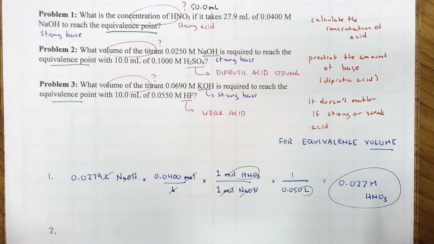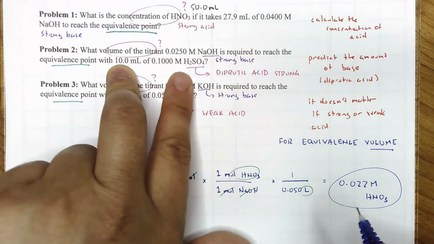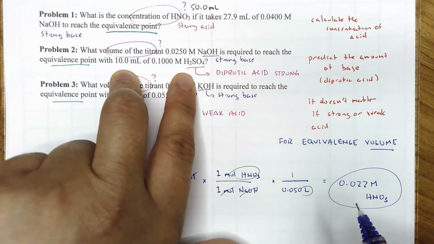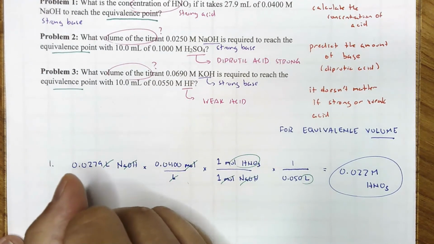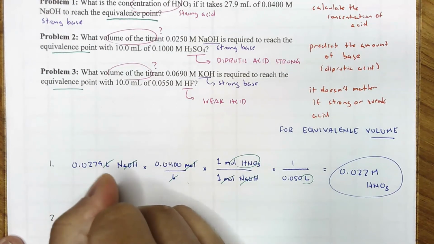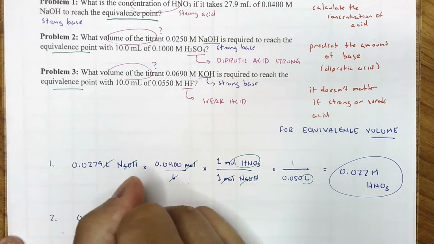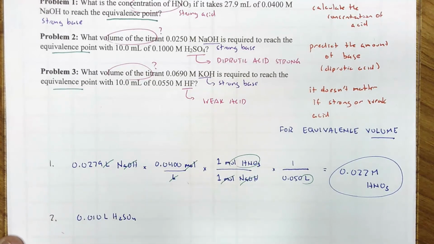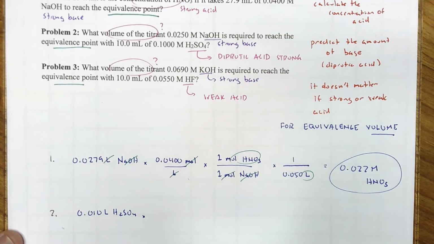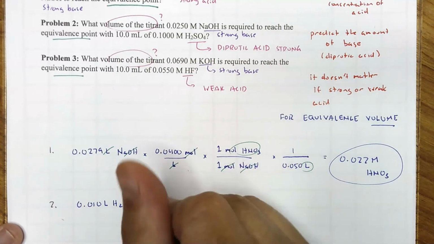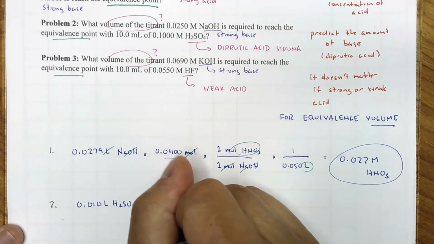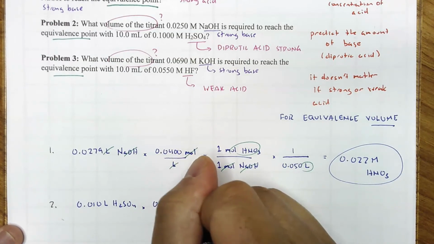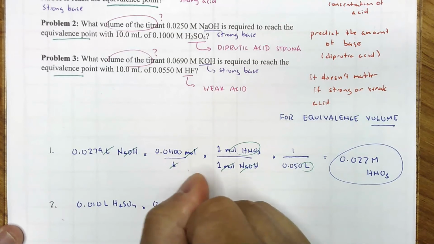Alright, so what do we know? We can definitely know the moles of H2SO4. Here we have 0.010 liters of H2SO4 times the molarity, 0.1000 moles per liter.